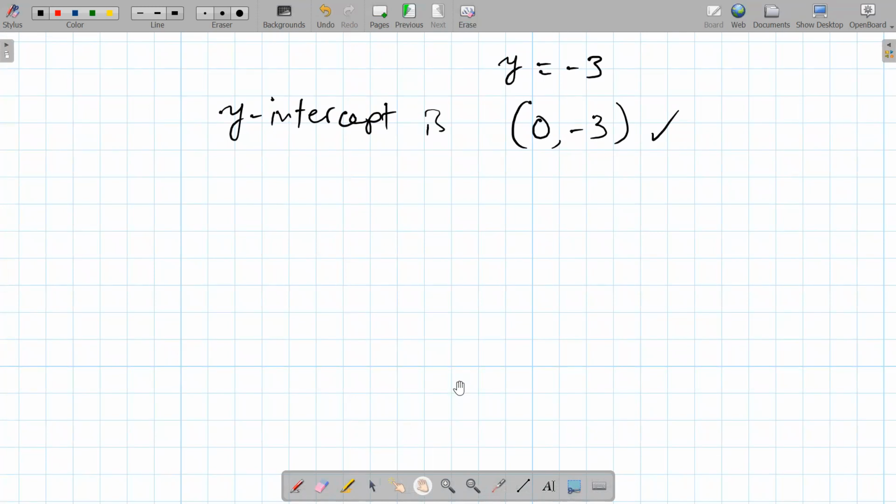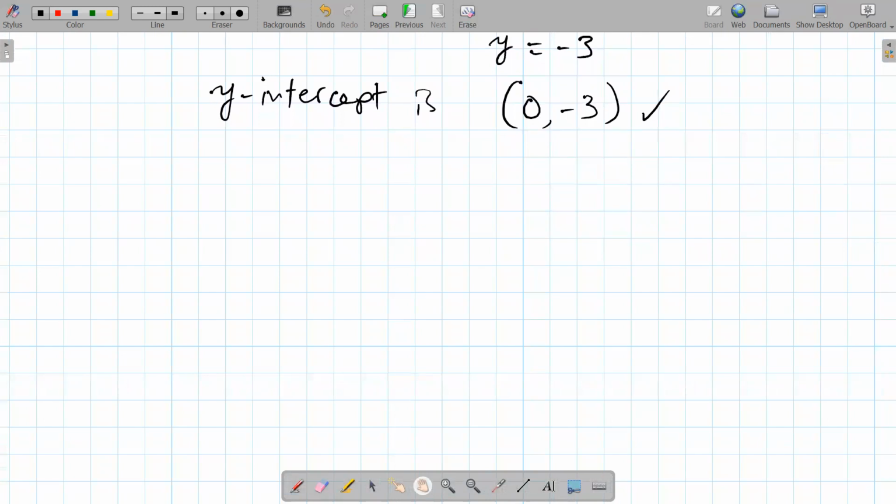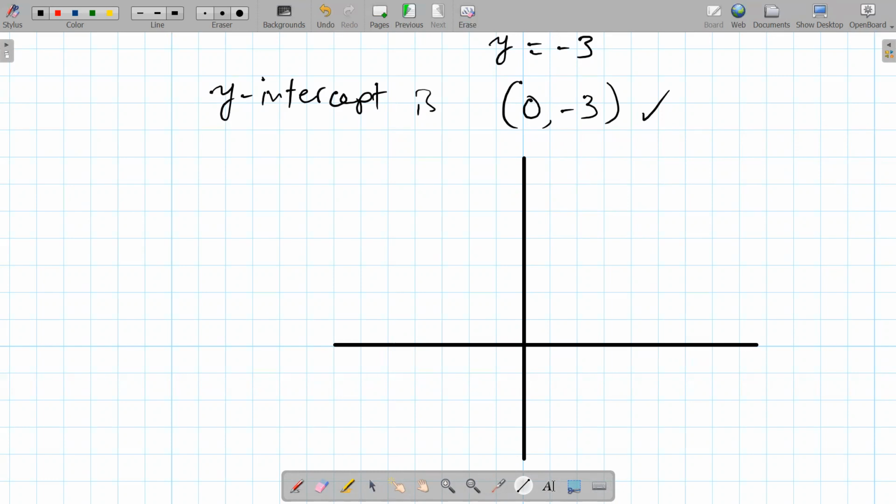So let's see how we can do that. Let's say I have my y-axis here, and I have my x-axis here.